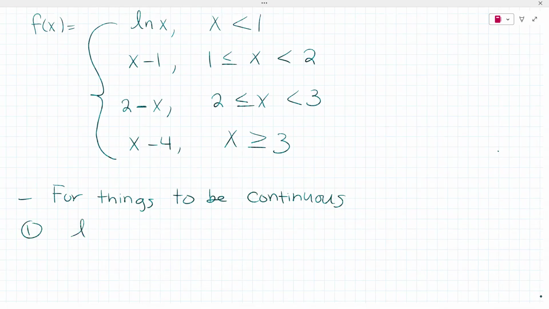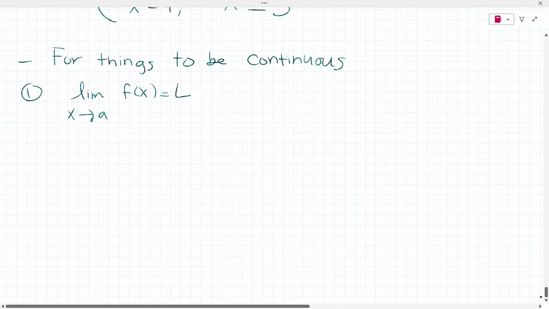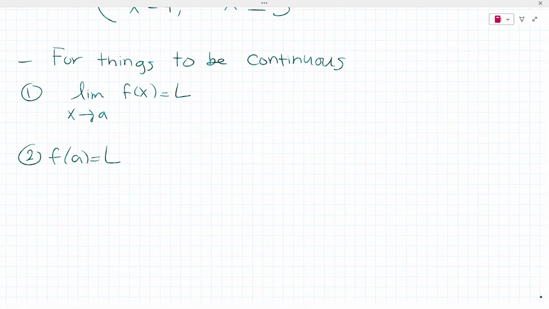So the limit as x approaches a of f of x equals your limit. And the third condition states f of a must equal the limit. So what we're going to do is plug it in and compare. It's kind of like the other one where the left has to equal the right.